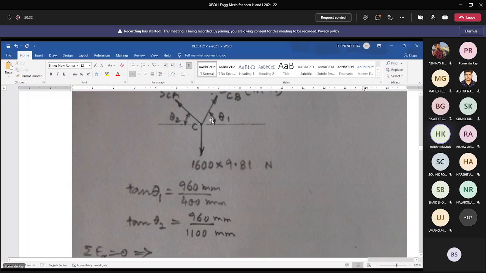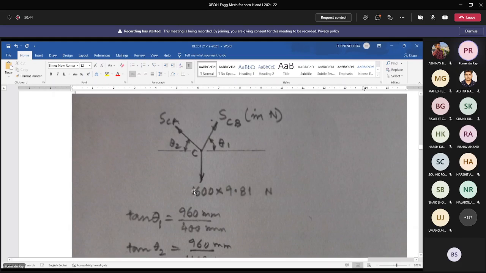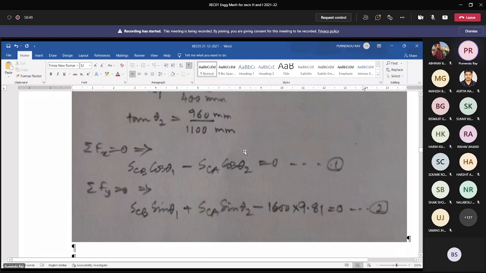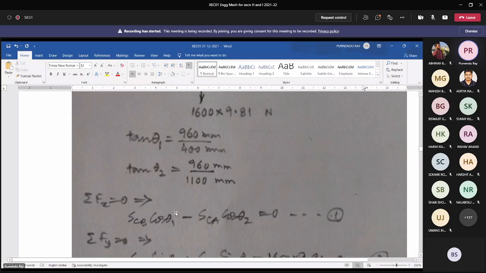Sir, I'm saying that the sine components of the two forces will balance the downward force. Later. First of all, horizontal components. There is no contribution of this hanging weight in the horizontal direction. Only two forces contribute in the horizontal direction: SCB with cosine theta 1 and SCA with cosine theta 2 with negative component, and the algebraic summation is equal to 0.